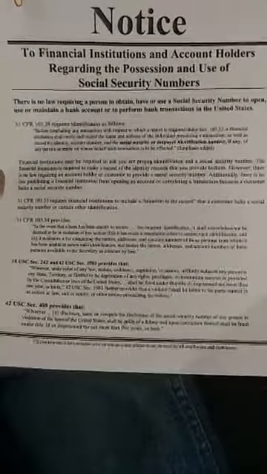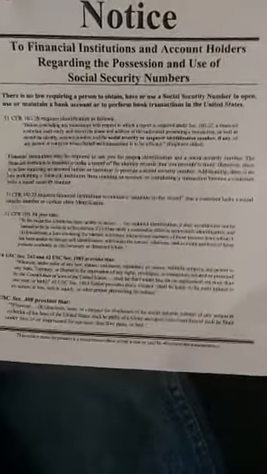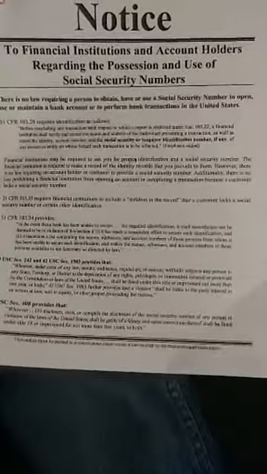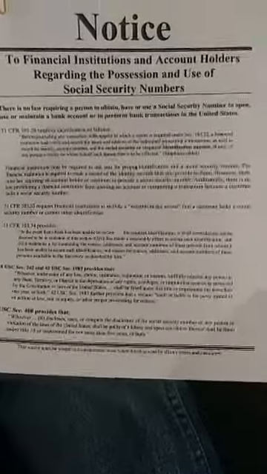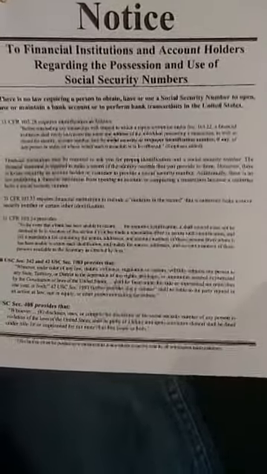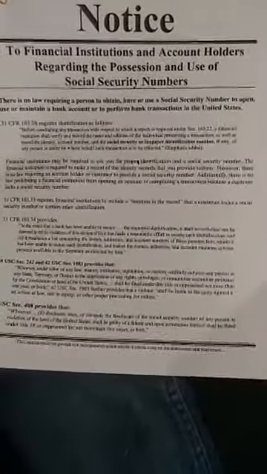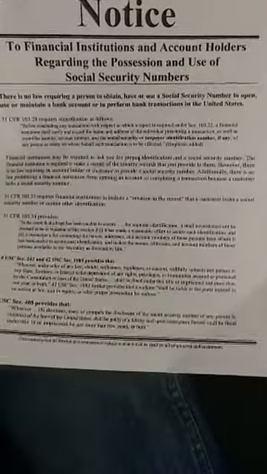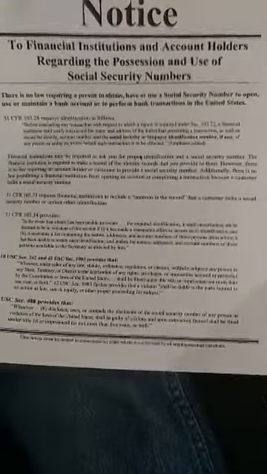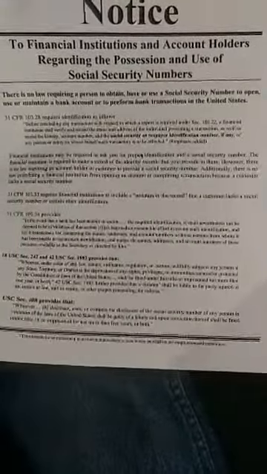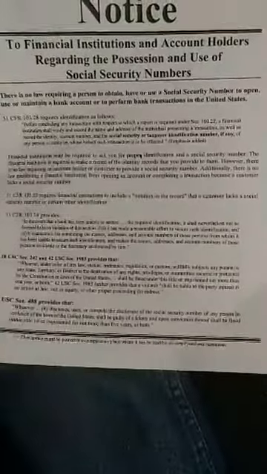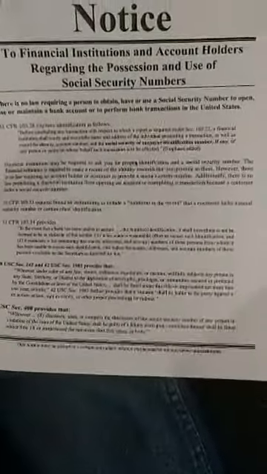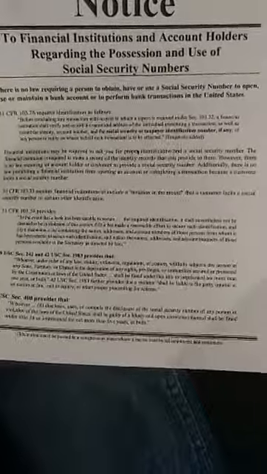Financial institutions may be required to ask you for proper identification, a social security number. The financial institution is required to make a record, CIP, of the identity records that you provide to them. However, there is no law requiring an account holder, and I'm going to explain that in just a minute, account holder or customer to provide a social security number.